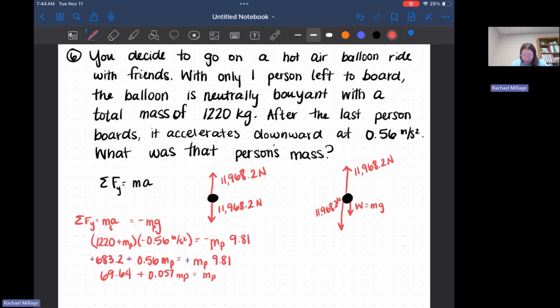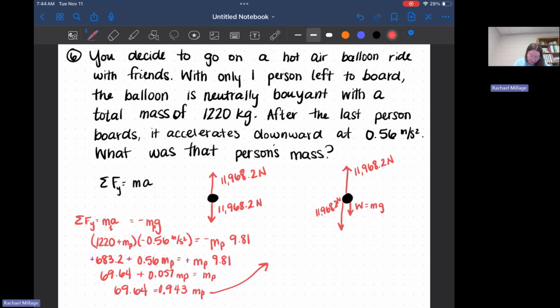So now I can subtract this 0.057 mass of the person. I'm going to have 69.64 equals 1 minus 0.057, or 0.943, mass of the person. The last thing I need to do is divide both sides by 0.943.